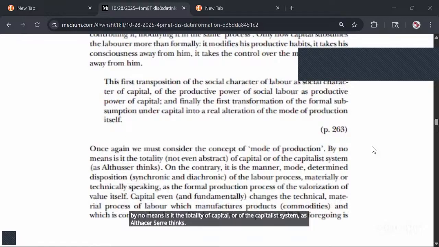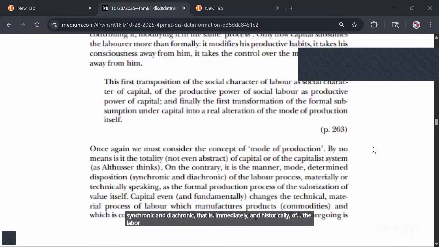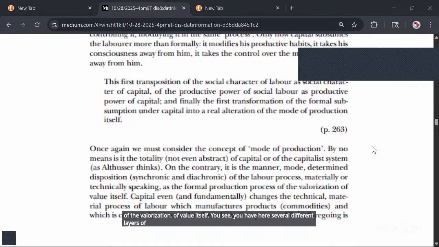On the contrary, it is the manner, mode, determined disposition, in synchronic and diachronic, that is, immediately and historically, of the labor process, materially or technically speaking, as the formal production process of the valorization of value itself. You see, you have here several different layers of abstraction.